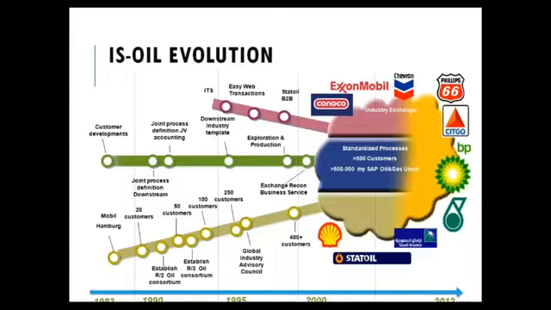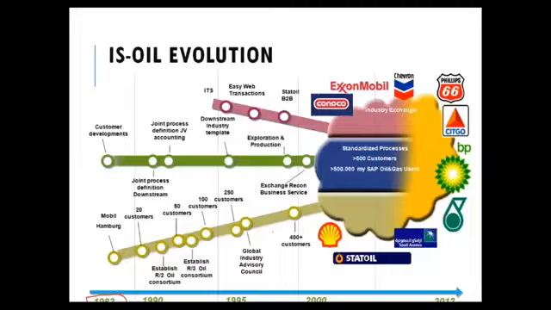So the IS oil evolution: it started in 1983. A Saudi company called Saudi Aramco came and asked SAP to help with their process. So they approached different customers, more than 500 oil and gas customers, and came up with the business processes: what are the most important business processes?